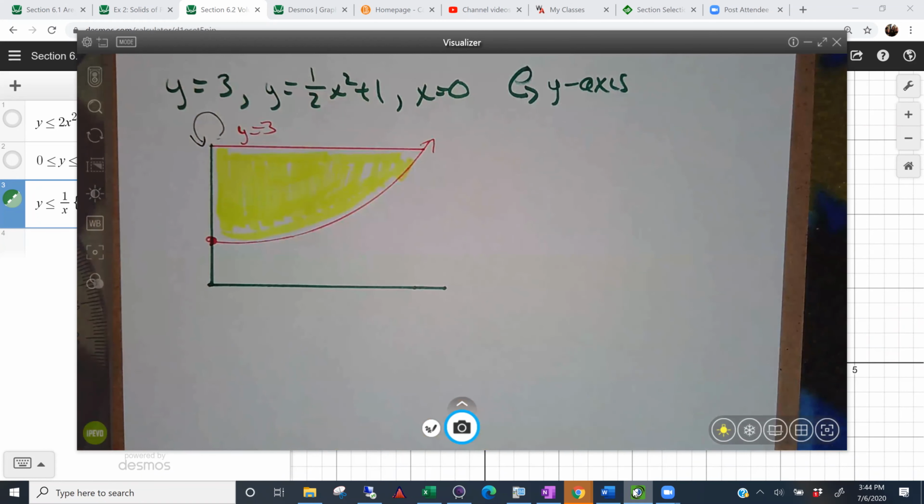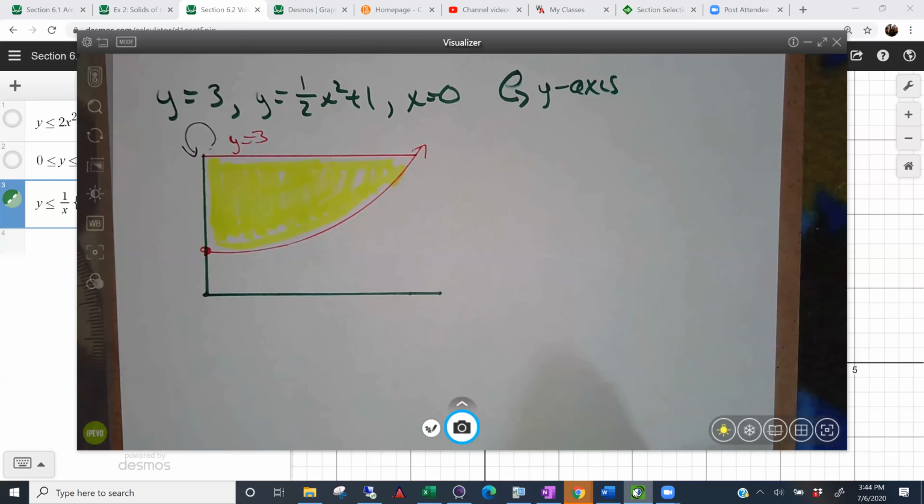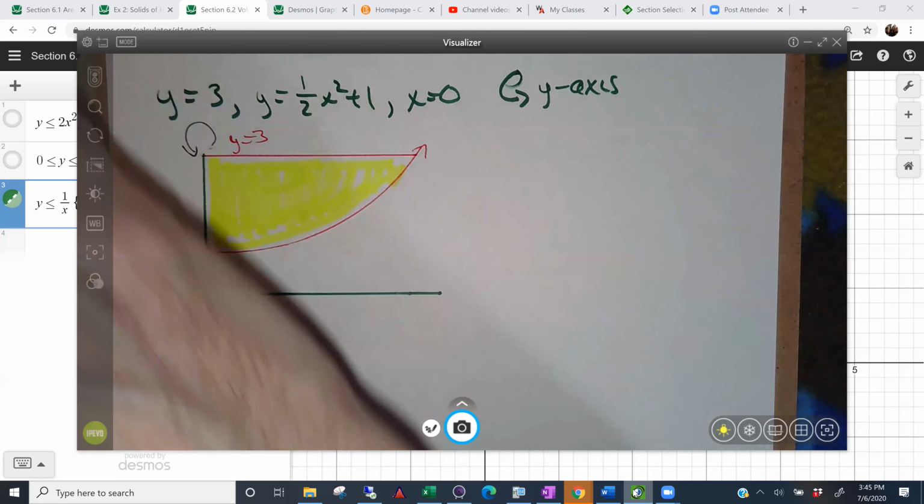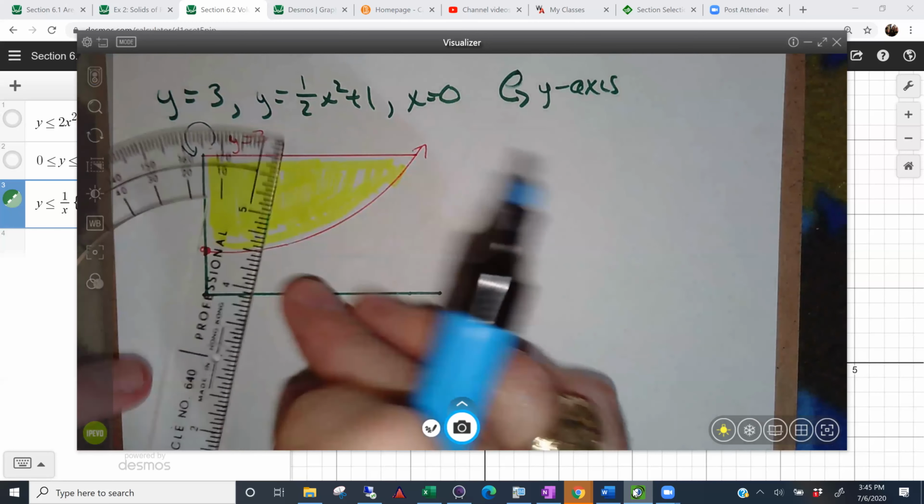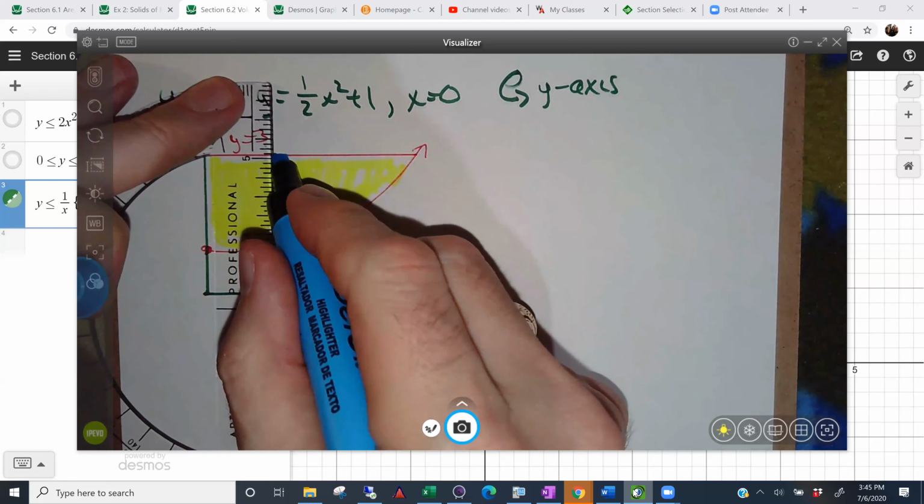Nicole, if we're going to rotate around the y-axis and do this by shells, which direction am I going to take my slice? Would it be dx? Perfect, dx, because you want a slice that's parallel to your axis of rotation. So that would be this one right here.